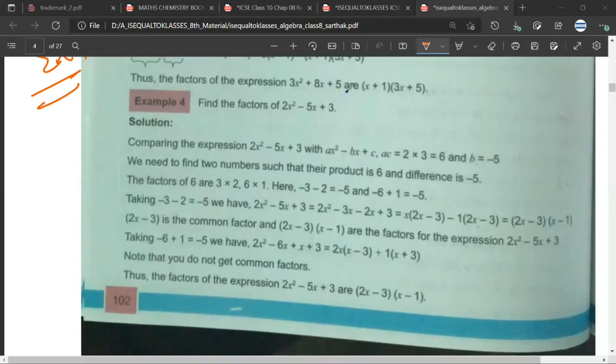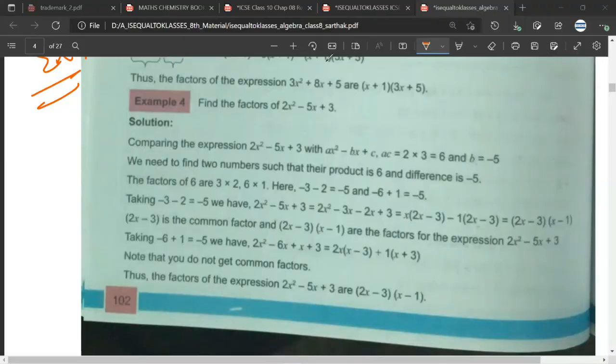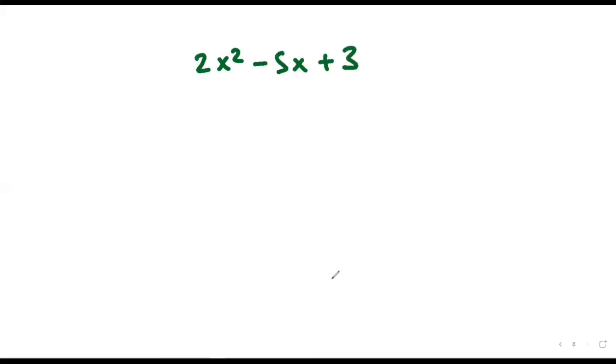So now let us look at 2x square minus 5x plus 3. Again and again we will be following the same algorithm. The algorithm doesn't change. So what is my A, what is my B, what is my C, what is my A into C, what should be the product, what should be the sum?